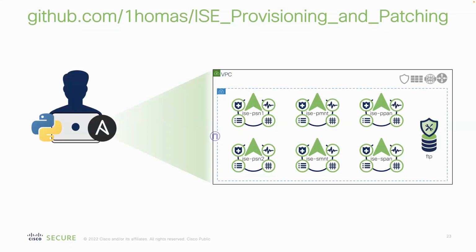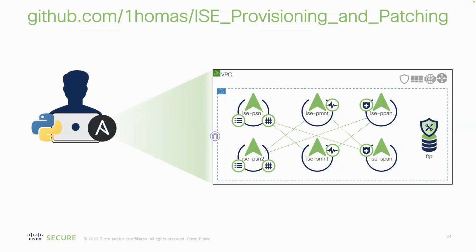So we're going to patch those nodes to 3.1 patch 4, and then we're going to go ahead and assemble them into a deployment, and then we're going to elect the different services and roles that those things are going to use in our deployment so that we can then do some configuration and, of course, authentication and authorization of a user. So that's basically what we're going to do today.